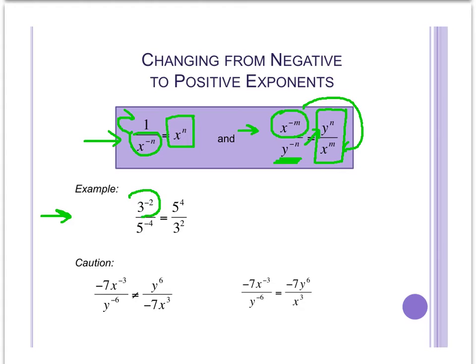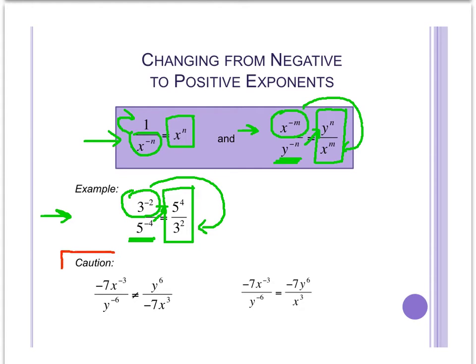So we have 3 to the negative second, and so we need to take the reciprocal of that, which will send it down to the denominator, and notice that the negative 2 becomes a positive 2. And then we look at this 5 to the negative fourth. Taking the reciprocal of that will send it to the numerator, and the negative 4 becomes a positive 4, leaving us with 5 to the fourth divided by 3 to the second.